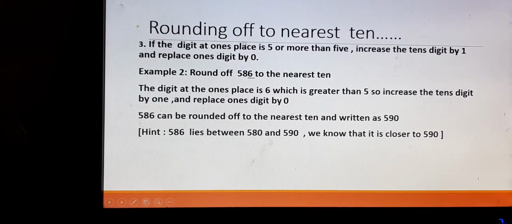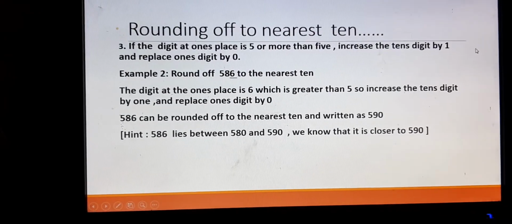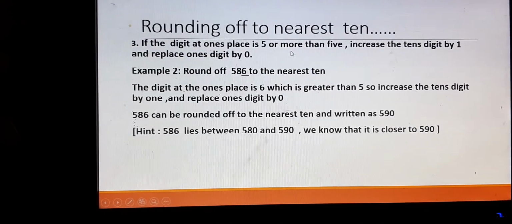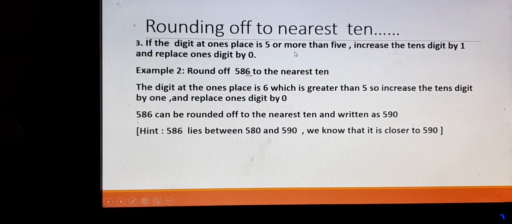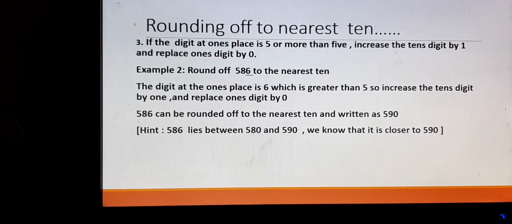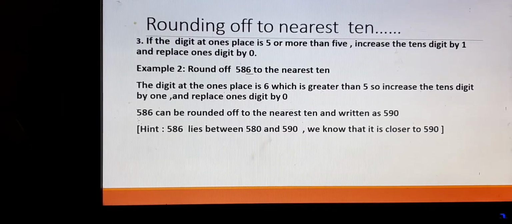Now rounding off to the nearest 10, another example. If the digit at the ones place is 5 or more than 5, then increase the tens digit by 1. Because a rich one is going. When a rich one is going, it will give something to its neighbor and go. It is giving a gift to the neighboring number and going off, saying bye bye.